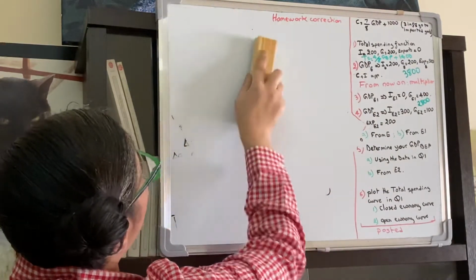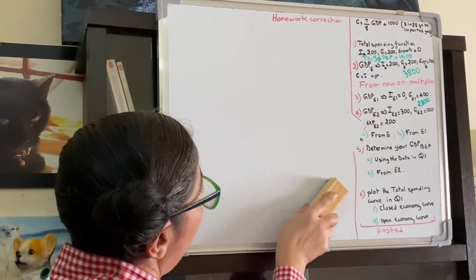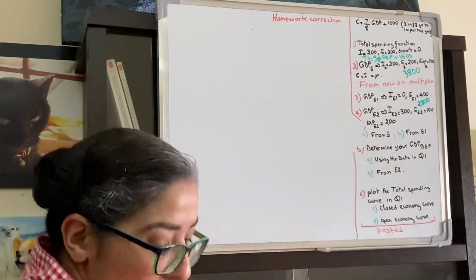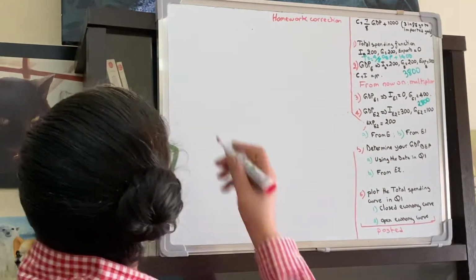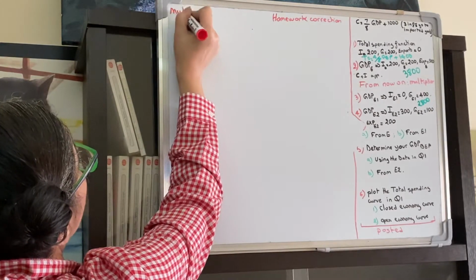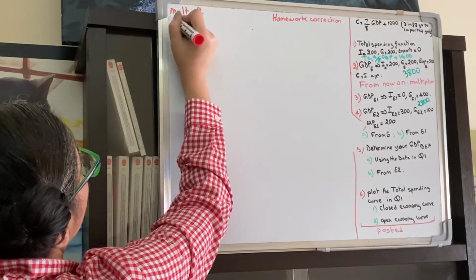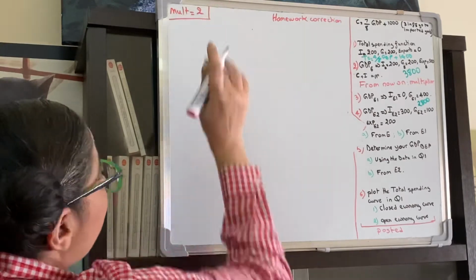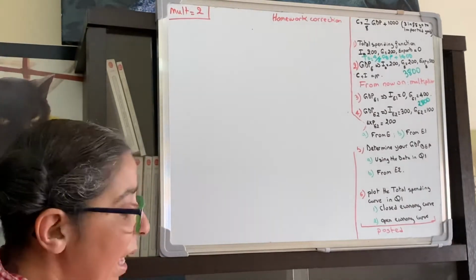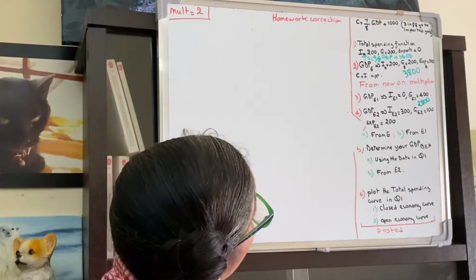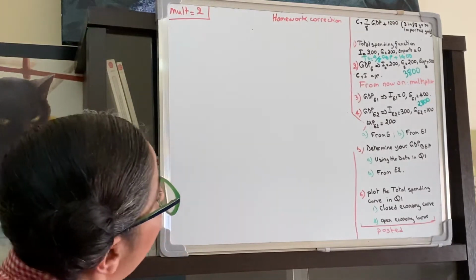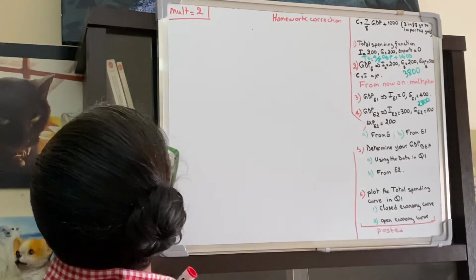Okay, my multiplier, I know now that it's 2, so I'm just gonna write it. Multiplier is equal to 2. I calculate it once, it's done. And now I move to question 4. So in question 4, I have little a and little b.